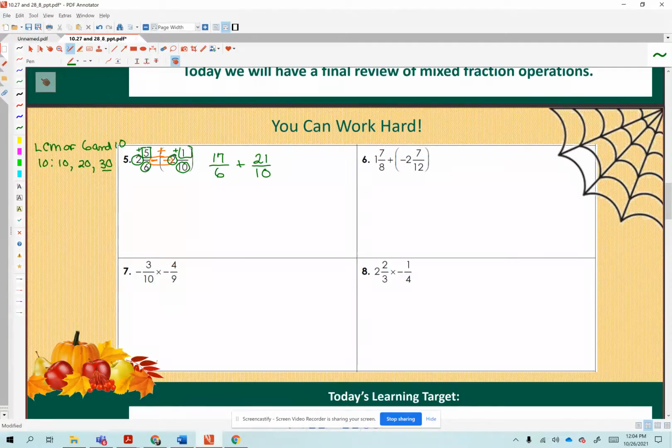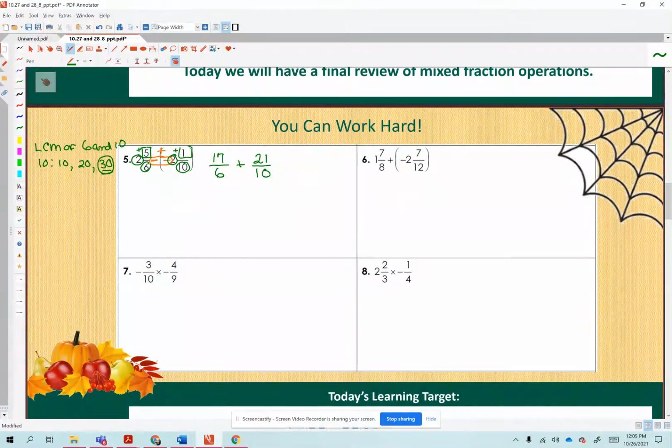And when I get to 30, I see that 30 is also a multiple of 6. So the least common multiple of 6 and 10, the smallest number that both 6 and 10 is a factor of, is 30. So my new denominators will be 30.